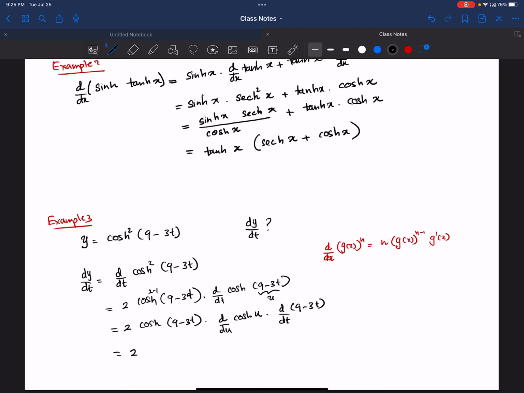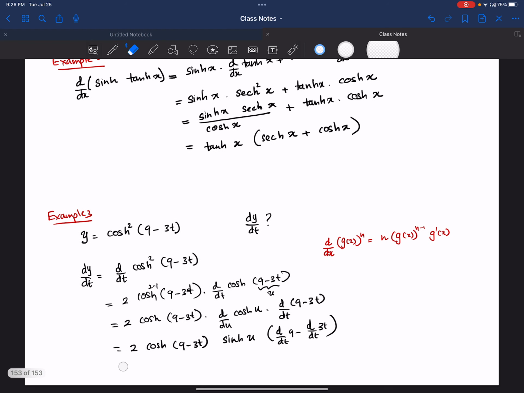So from here we get 2 times cosh of 9 minus 3t. This is going to be sinh u, and then if I use the sum rule, d over dt 9 minus d over dt 3t, from this what I get is 2 cosh of 9 minus 3t times sinh of 9 minus 3t times 0 minus 3.